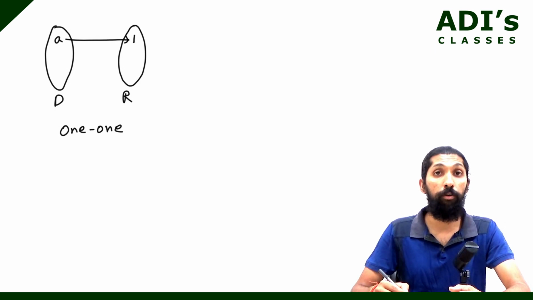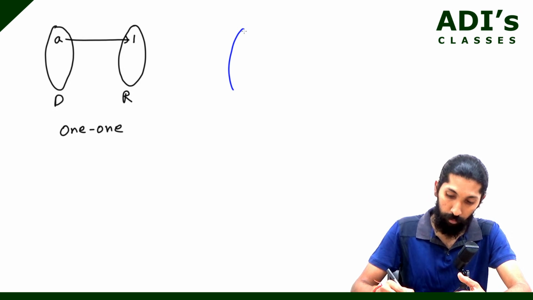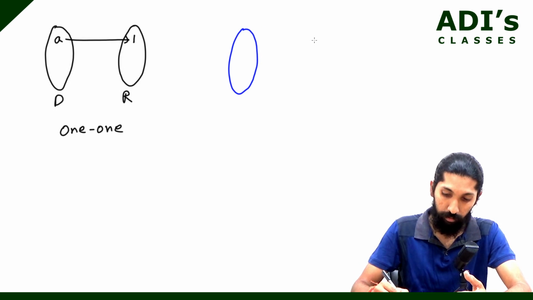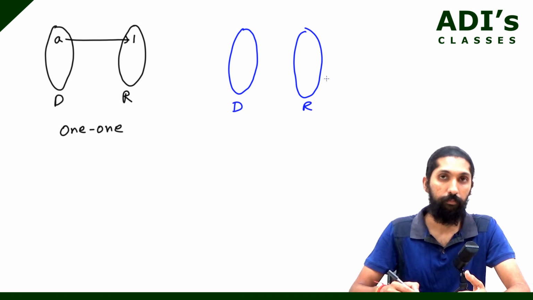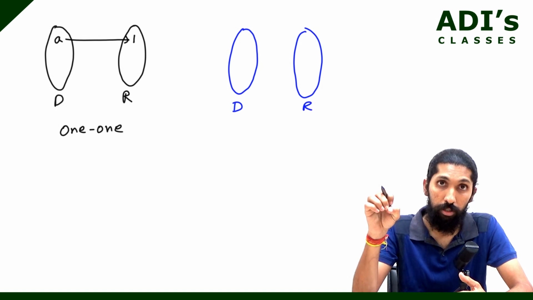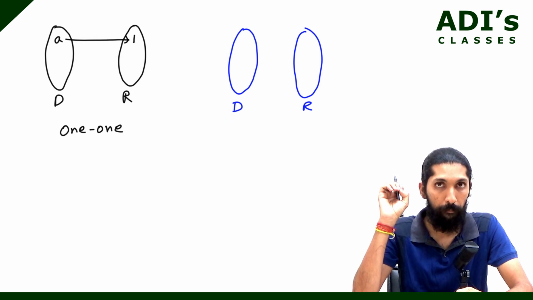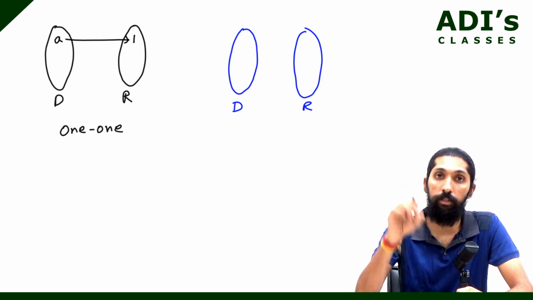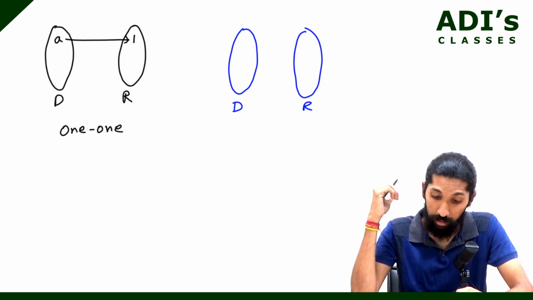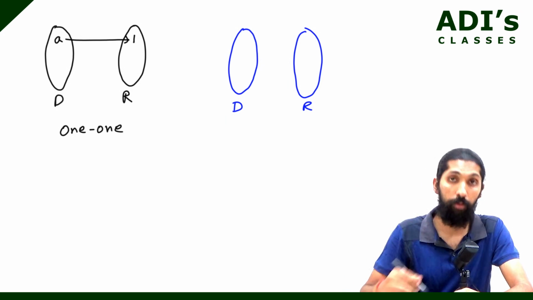Now, when you talk about onto or surjective function, again you have two sets, domain and range. Every element of the range needs to have at least one element in the domain. All right. So this is what we call surjective, or you can also call it onto, like the one we have here.